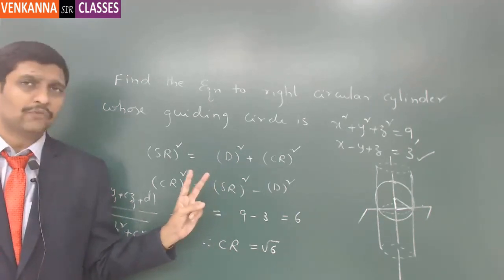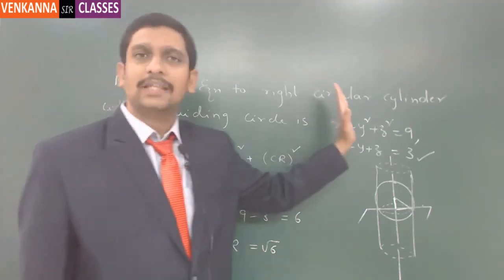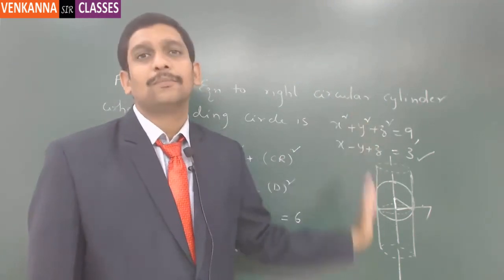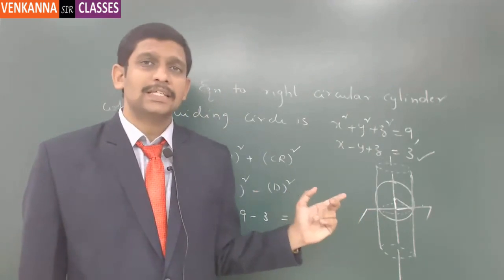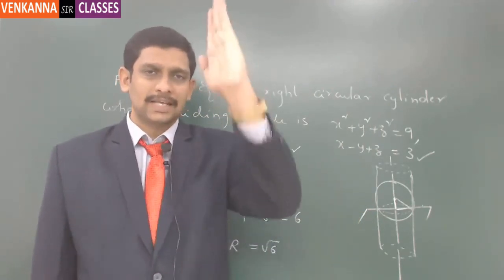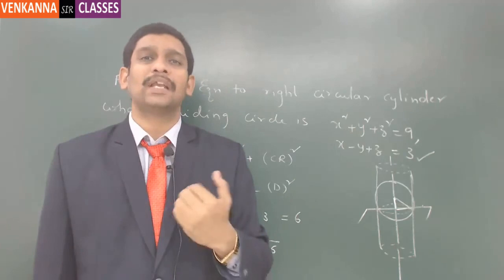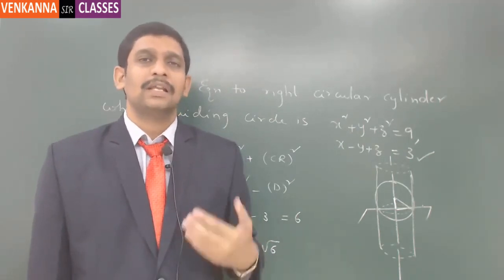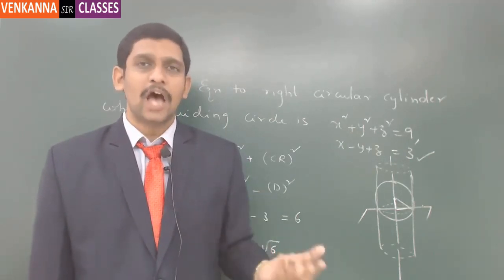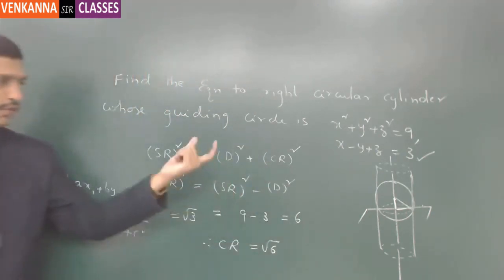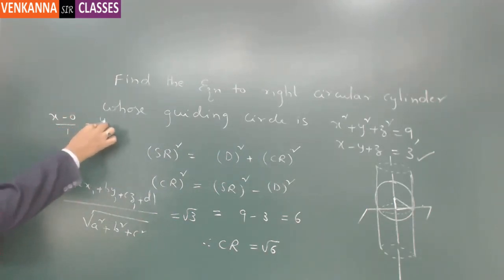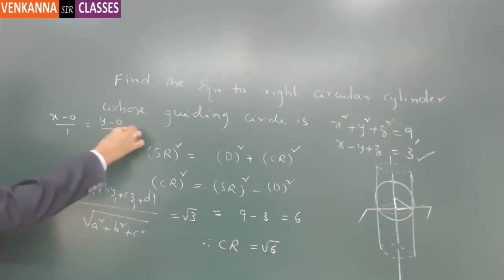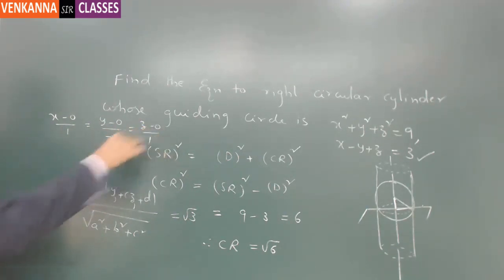The second thing we have to do is we have to calculate the equation of the axis. So as we described earlier, the axis is passing through the center of the sphere and perpendicular to the plane. In other words, the axis acts as a normal to the plane. So if you write the equation of the axis, it is (x minus 0)/1 equal to (y minus 0)/(minus 1) equal to (z minus 0)/1.